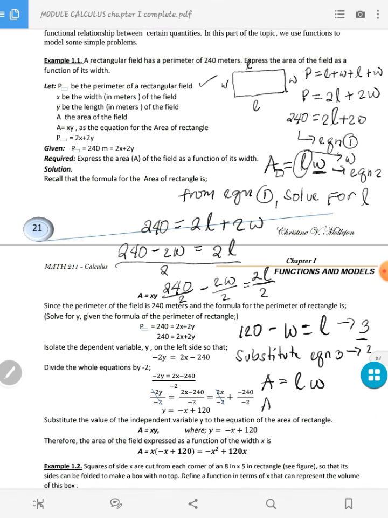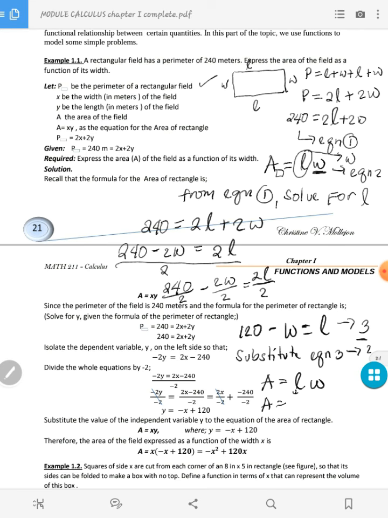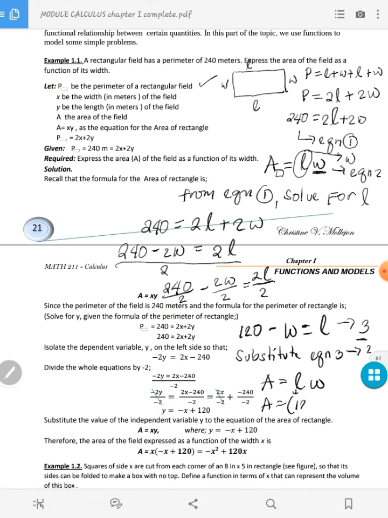So area, our length is equivalent to 120 minus width, times width.